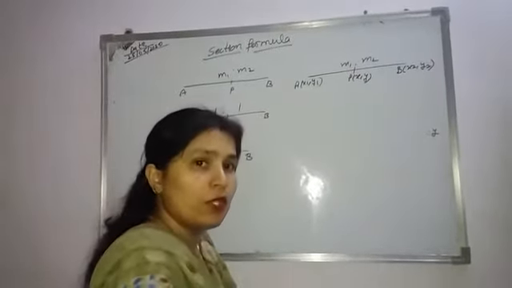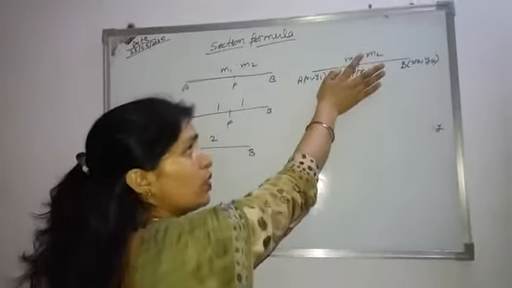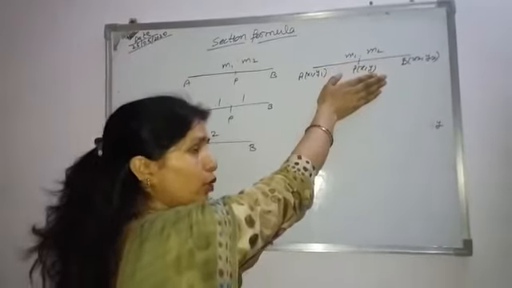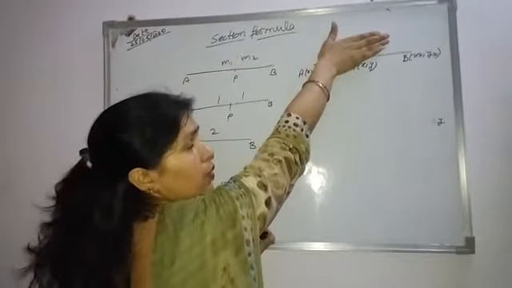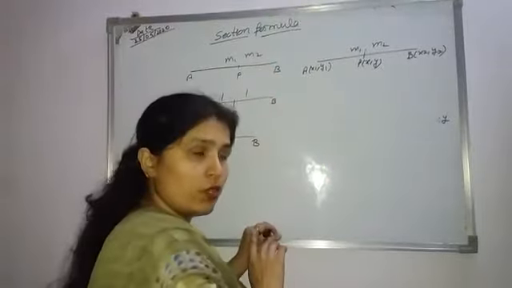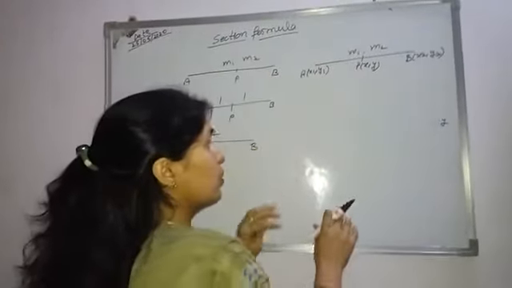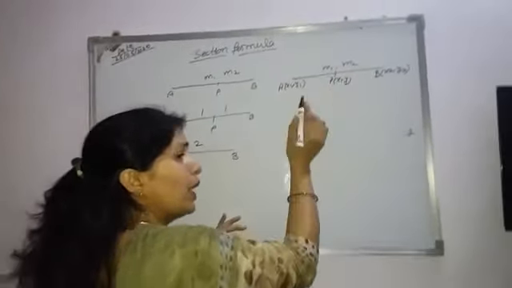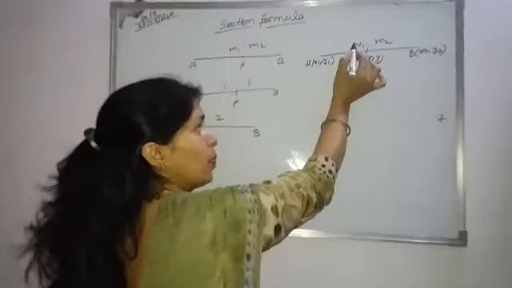This thing I already told you. If the point is given to us, we can find that ratio. Now if the ratio is given, what is the formula? This is our section formula.